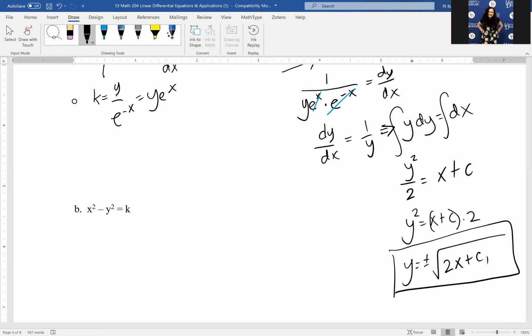Does it matter what format the equation is in when we start? The first one that we just did started with y equals, but I'm looking at the next one and it's not in that format. Recall in Calc 1, you should have done something called implicit differentiation. Do you recall that at all?